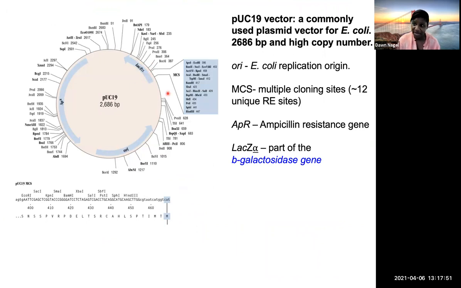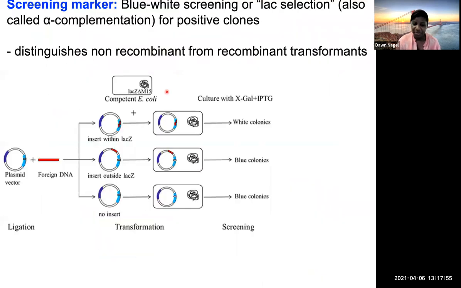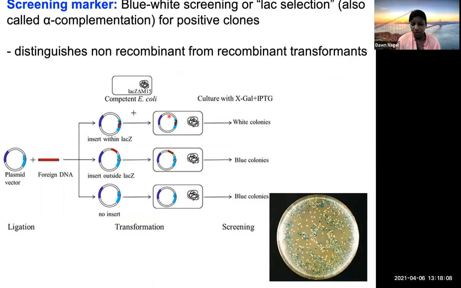So yes, blue is bad. That means that your insert is not in the right place; it's somewhere else. Here, if you also have the plasmid that didn't take up the insert, this beta-galactosidase gene is still functional, and you'll get blue colonies. The only way you're able to tell your insert is located in the right location is when it disrupts this beta-galactosidase gene, so your colonies cannot produce the blue color.